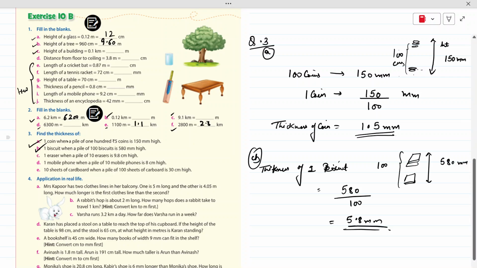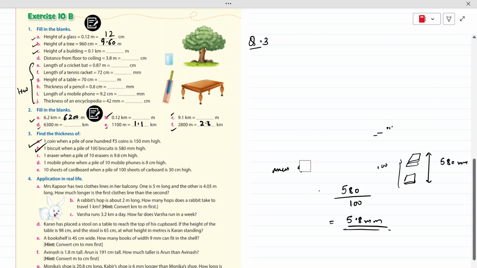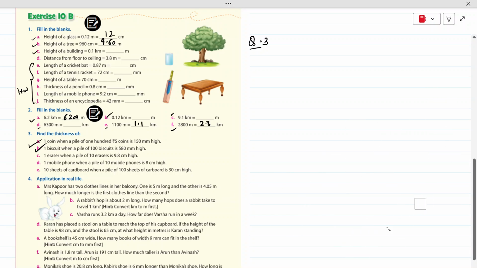So this is it. Next kids, we have to find the thickness of one eraser when a pile of 10 erasers is 9.8 centimeters high. Again the same thing, divide the total height by the number of erasers and you will get the answer, right? So I am marking this question as homework.